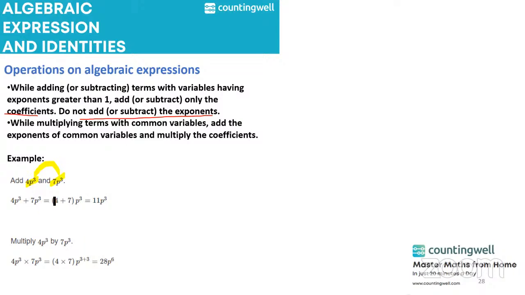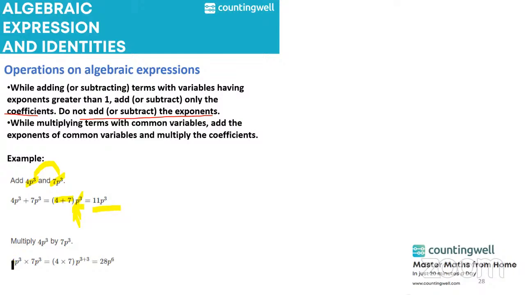So we add the numerical coefficients 4 plus 7 and retain the variable. We are not adding or subtracting p cube and p cube, so it should not be p cube plus p cube. The answer is 11p cube.